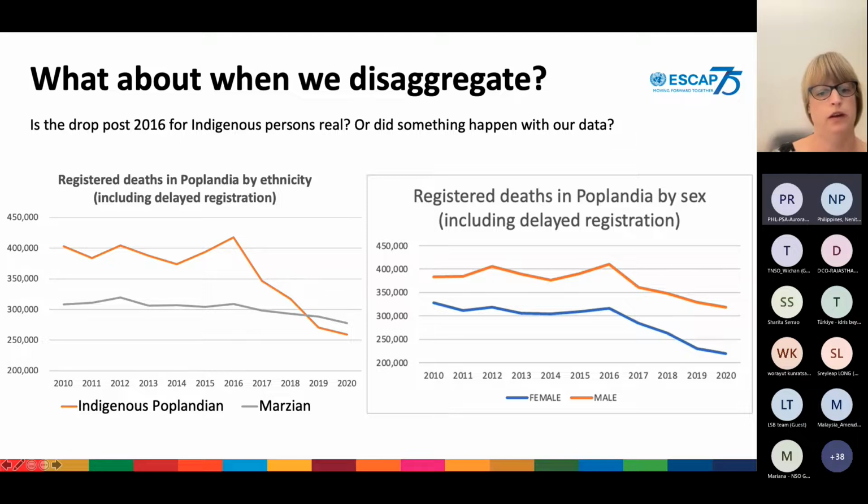It's pretty consistent. But for the indigenous population after 2016, there's quite a big fall, right? It looks like something happened for whatever reason. It's quite likely that the registration of indigenous deaths decreased. And so we'd want to understand why and be a little bit cautious about our data in that respect.